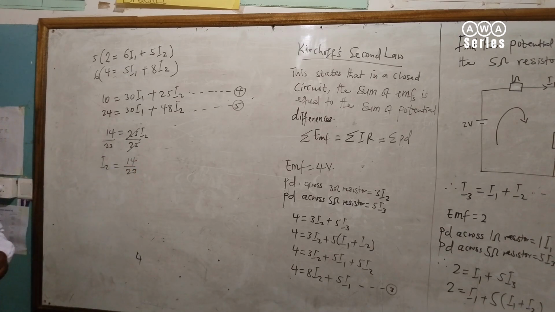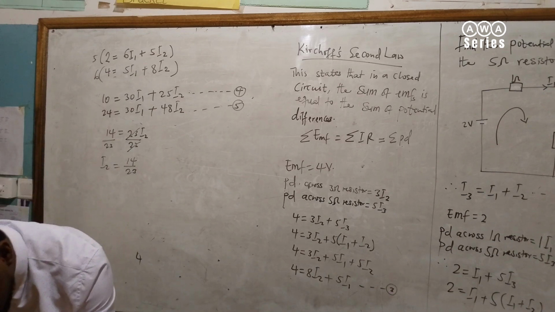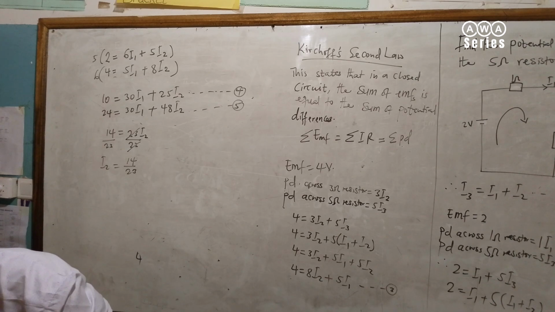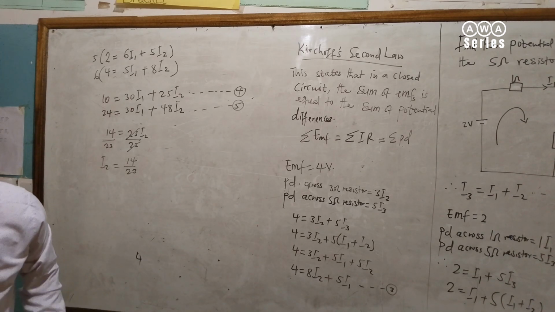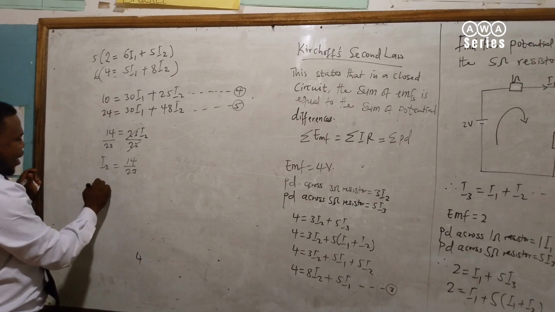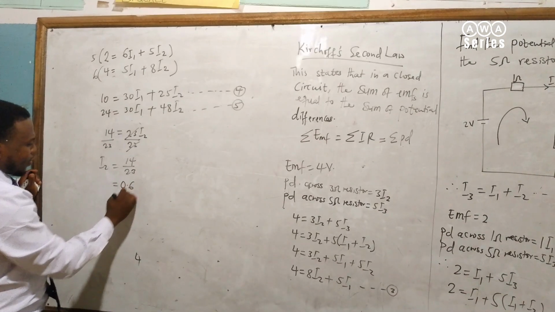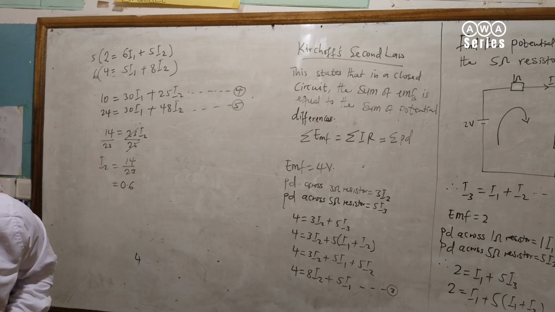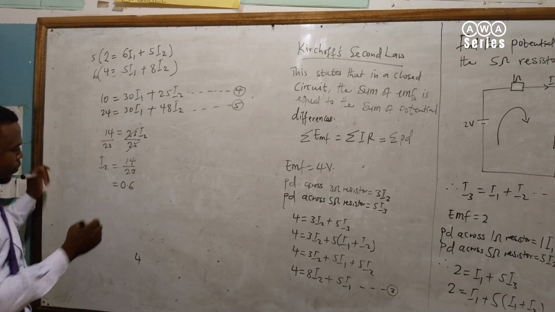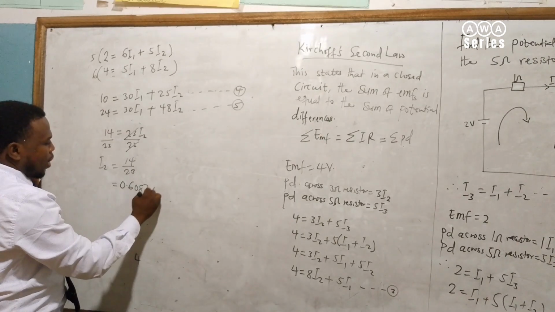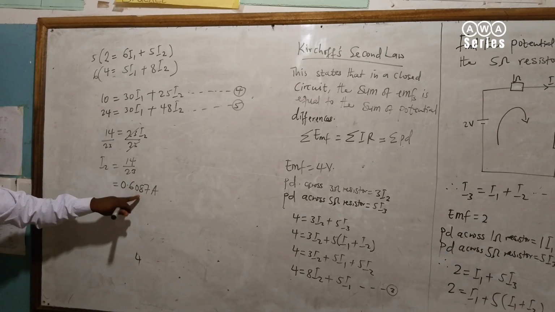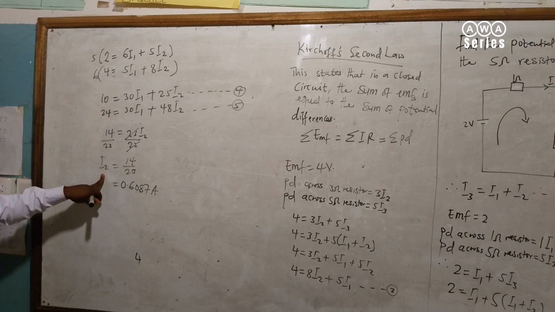And if you put this one in the calculator, I2 should be given as 0.6087 amperes. That is I2.